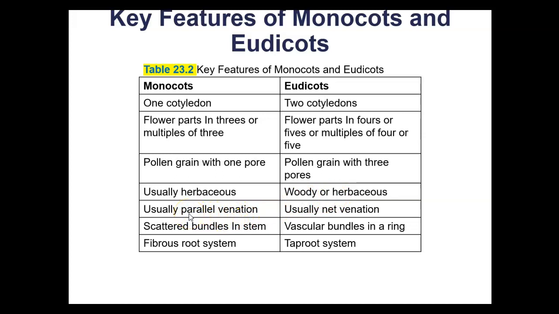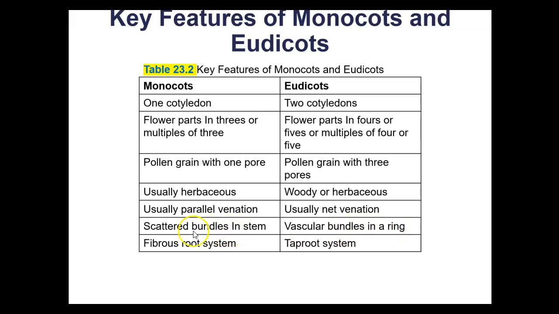The vein pattern in monocots is parallel. If you look at the leaves of a corn plant, for example, you will recognize that they're long leaves and the veins are parallel to each other. And the dicots' leaves usually have a net venation pattern. The vascular bundles in monocots are scattered, and they are in a ring in the dicot.